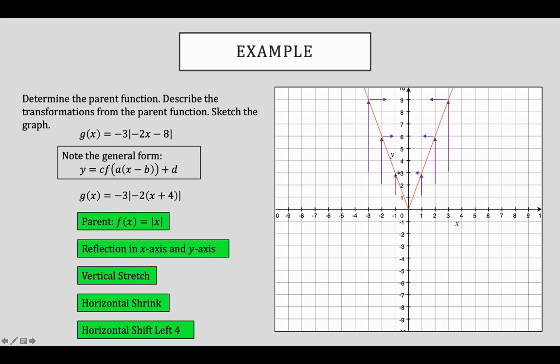This x-coordinate here at -1 will move to x equals -1/2. This x-coordinate that was at 2 will get bumped into 1. The one that was at -2 will get bumped into -1. Again, we take all the x-coordinates on our graph and we divide them by 2. That gives us our horizontal shrink.